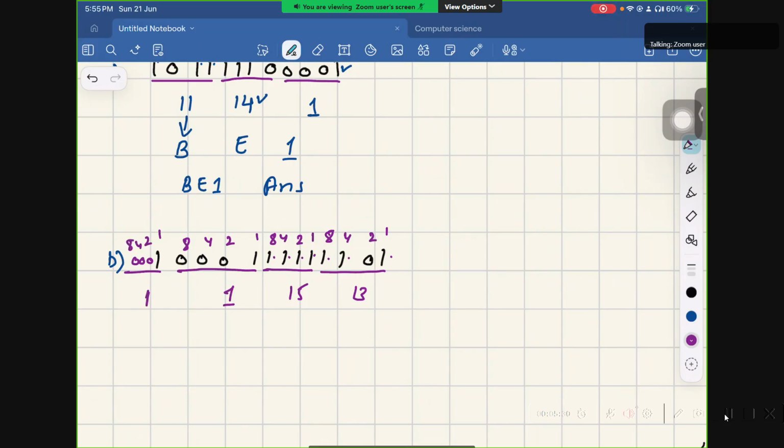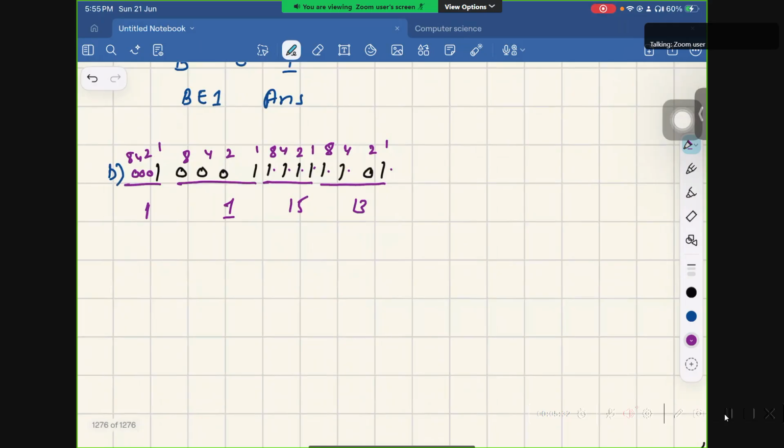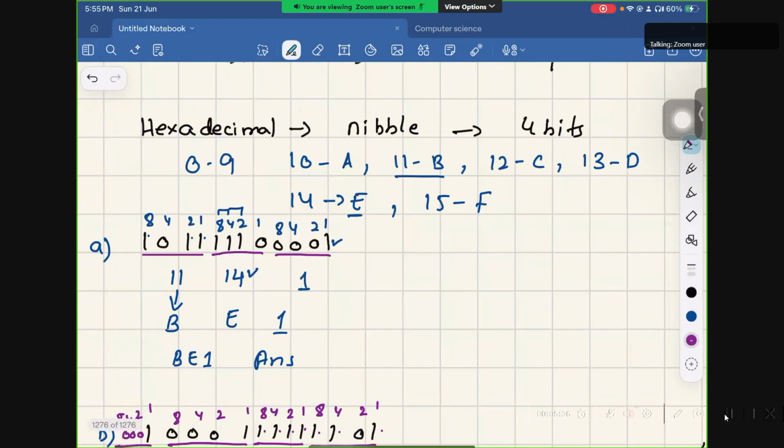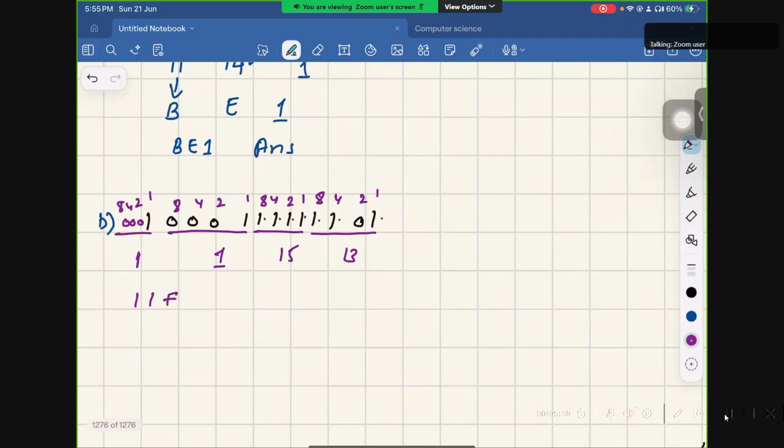So we write 1, 1, 15 is F, and 13 is D. So this is going to be 11FD. This is the answer which we have calculated from binary to hexadecimal. I hope this is clear to everyone.